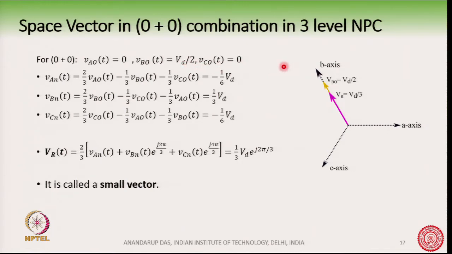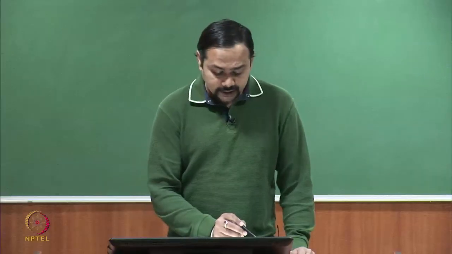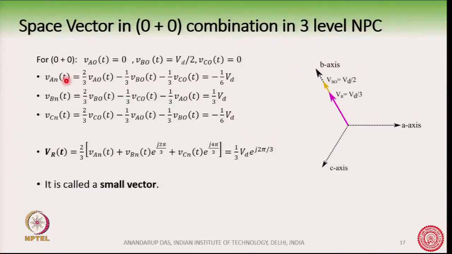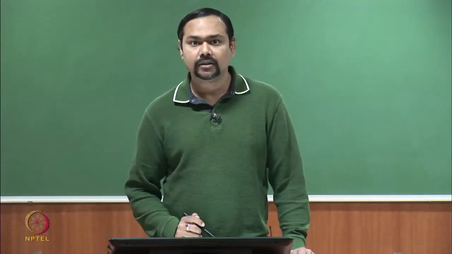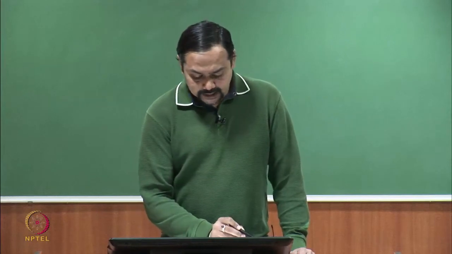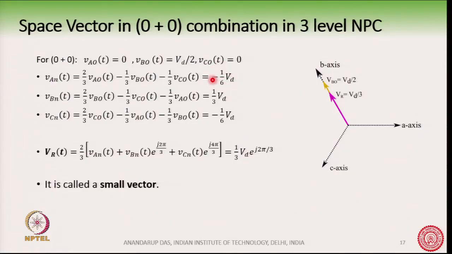So, therefore, we can write down VANT. VANT is 2/3 VAO minus 1/3 VBO minus 1/3 VCO. This we have seen while discussing the conventional 2 level converter. We had derived this part. So, VANT is minus 1/6 Vd.